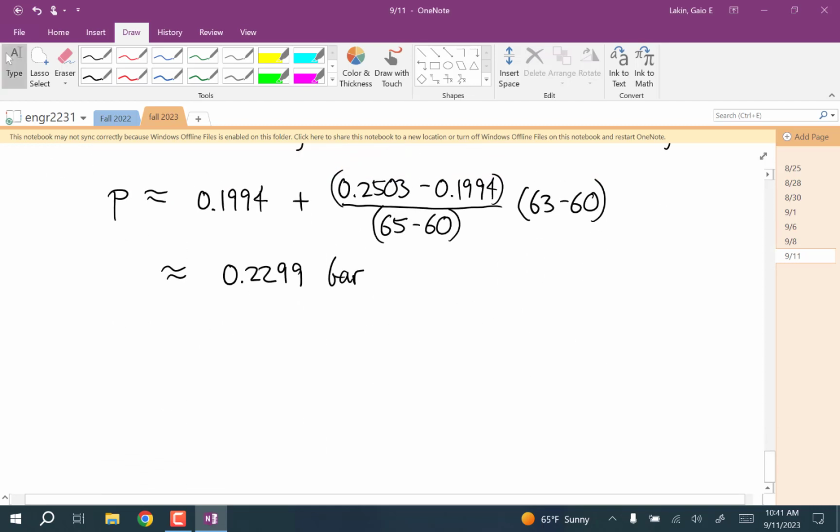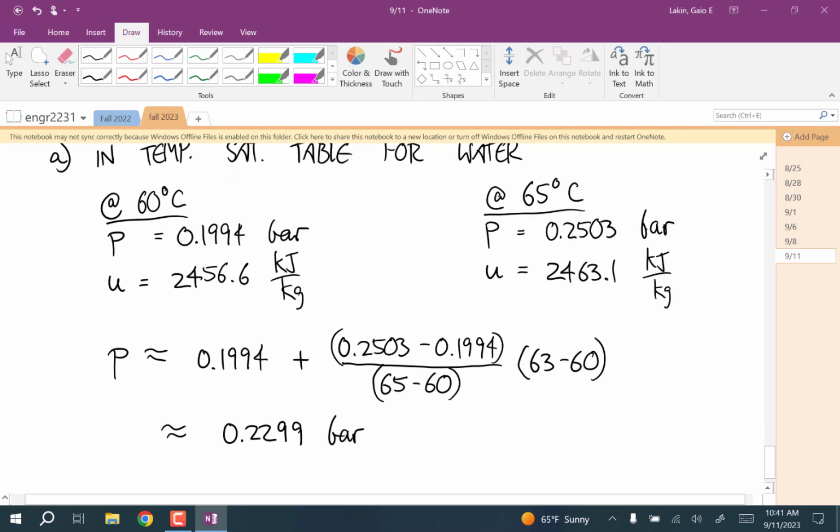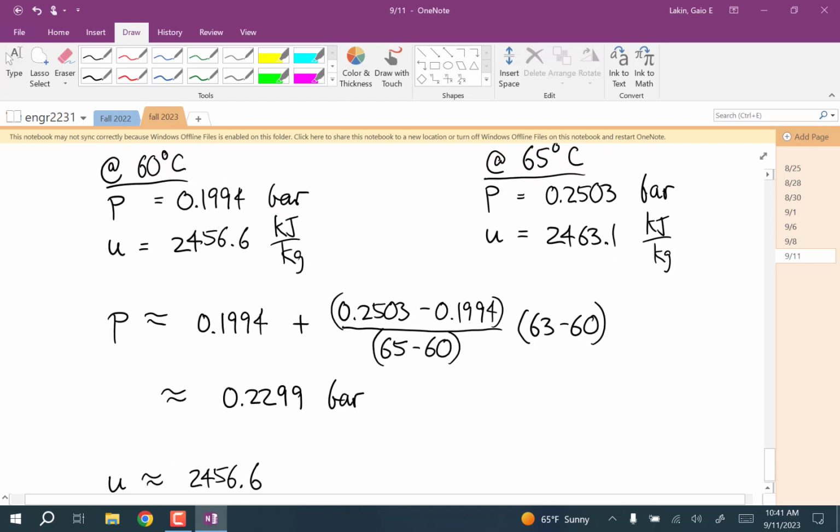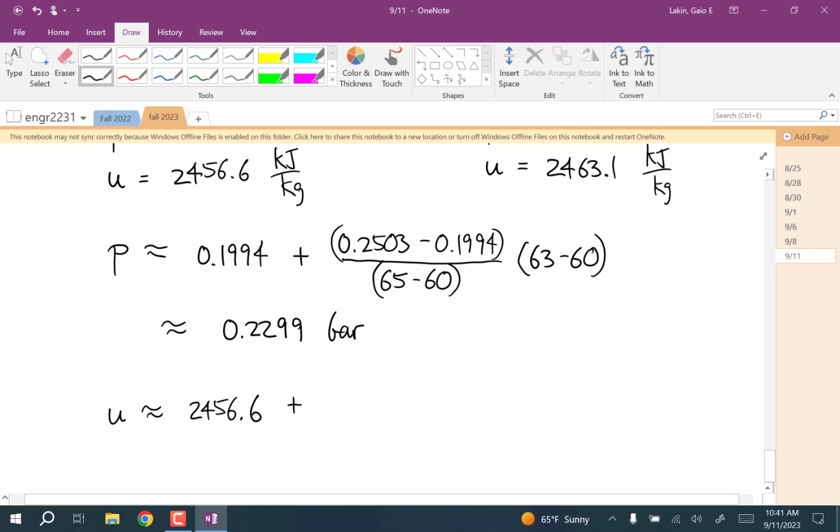Then the specific internal energy is the one at 60, 2456.6, plus the quantity 2463.1 minus 2456.6, divided by 65 minus 60, multiplied by 63 minus 60.